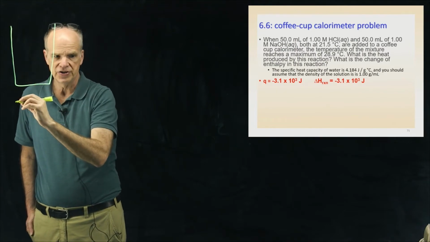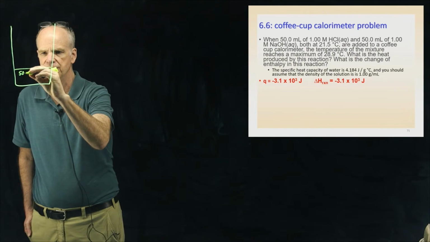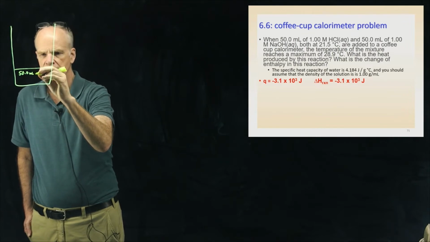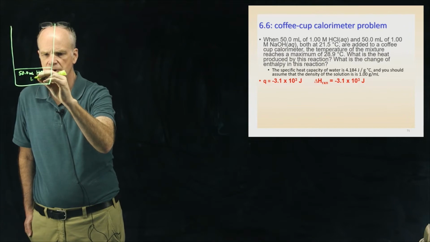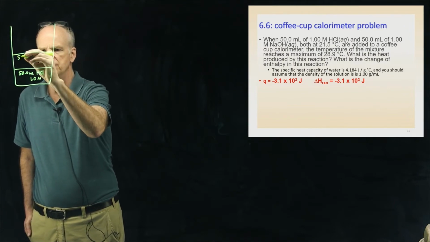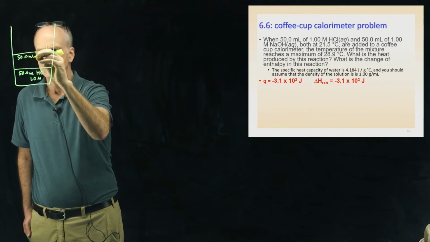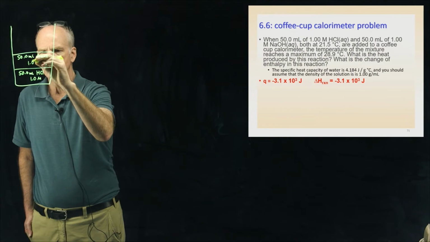And so it looks like what we're doing is we have 50 milliliters of hydrochloric acid, which is at 1.0 molar. And then to it, we're going to add 50 milliliters of sodium hydroxide, which is at 1.0 molar.